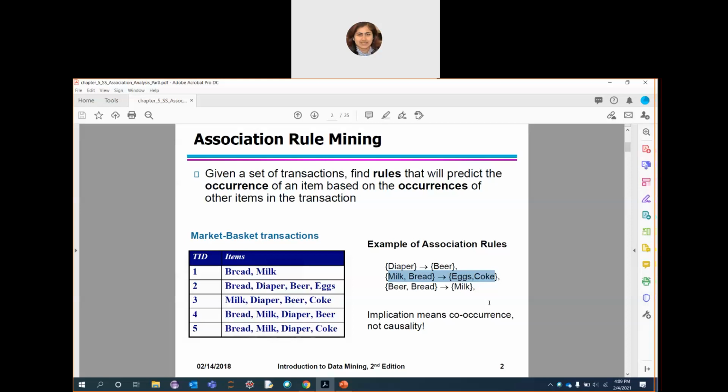It may be bread, maybe some fruit, maybe some vegetable. It depends. They give you more options or recommendations so that you will buy more. In that type of application, association rule mining is really helpful.